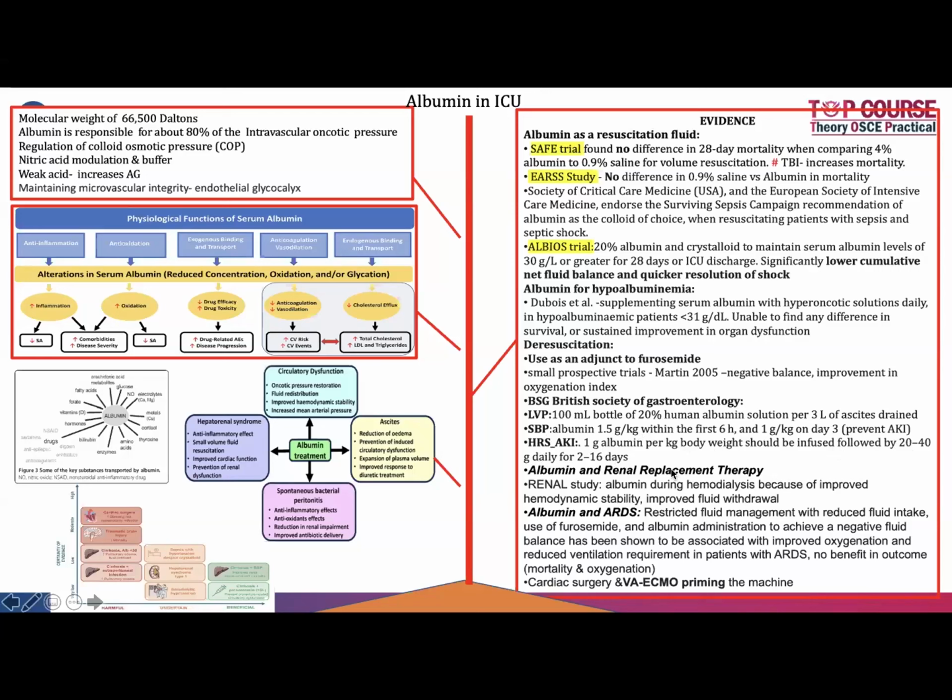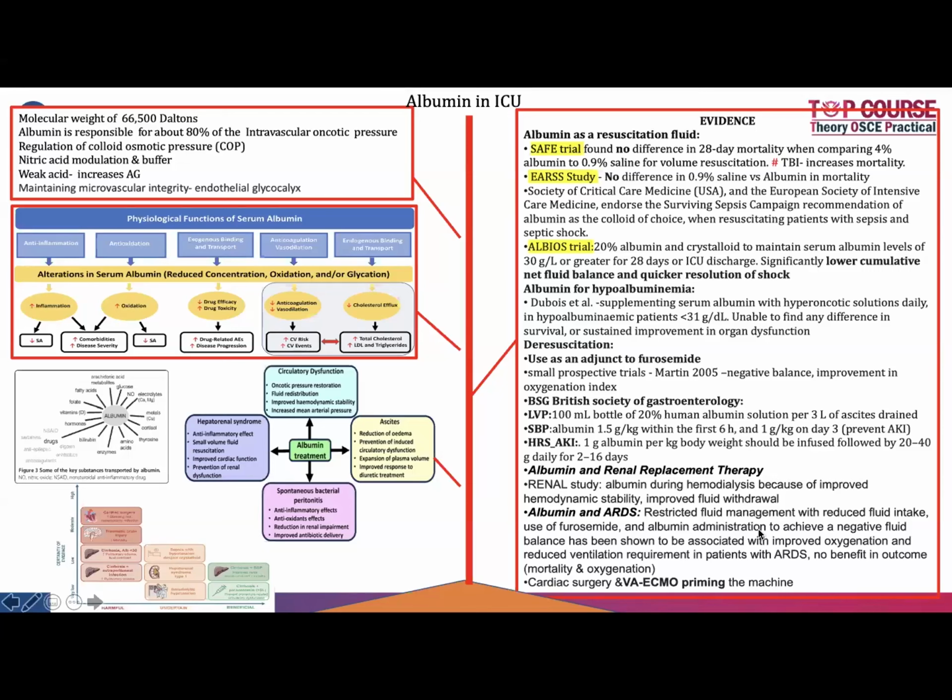So albumin and renal replacement therapy: intradialytic hypotension. This is based on the RENAL study. This study showed that albumin during hemodialysis improved hemodynamic stability and improved fluid withdrawal. Okay. Albumin in ARDS, is there any role? Restricted fluid management with reduced fluid intake, use of furosemide, and albumin administration to achieve a negative fluid balance has been associated with improved oxygenation and reduced ventilatory requirement, but there's no benefit in outcome.